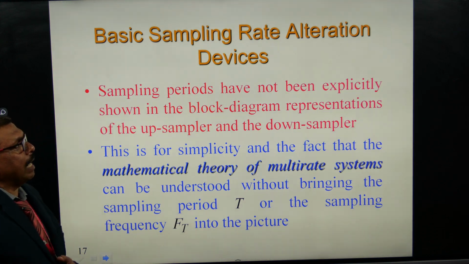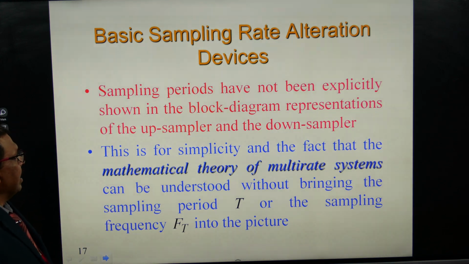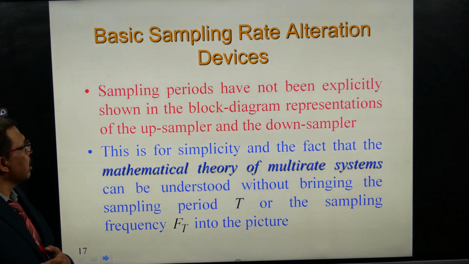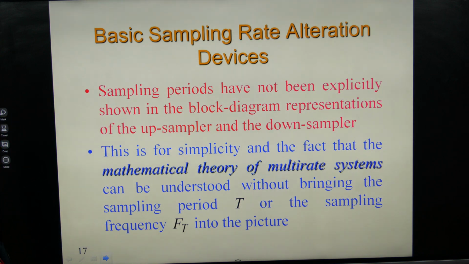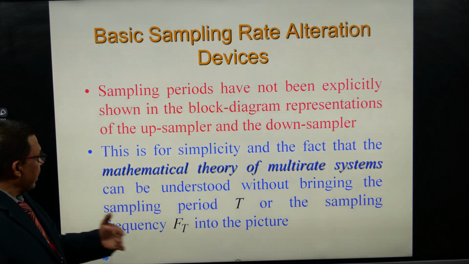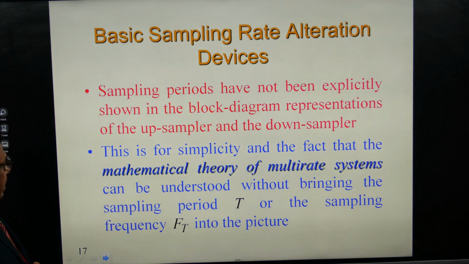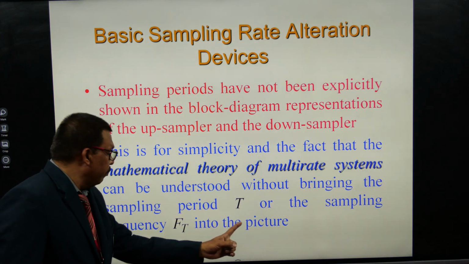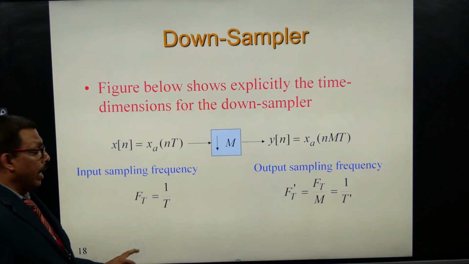So these are the basic sampling rate alteration devices. Sampling periods have not been explicitly shown in the block diagram representation of the upsampler as well as the downsampler. This is for simplicity, and because the mathematical theory of multirate systems can be understood without bringing the sampling period T of the sampling frequency FT into the picture.